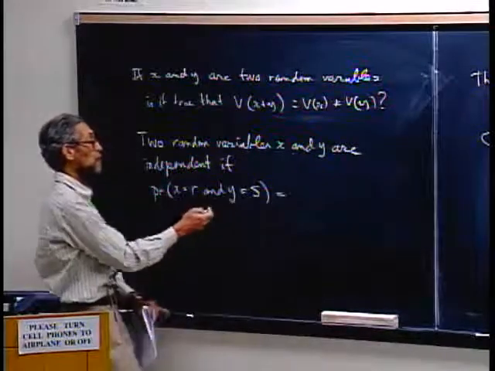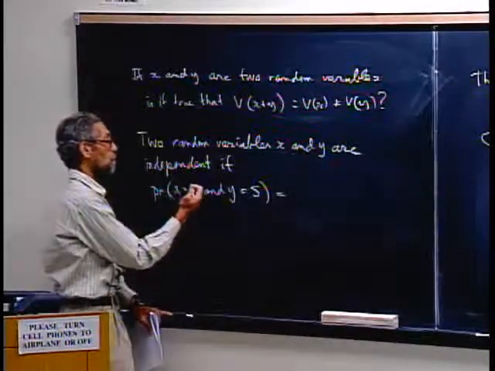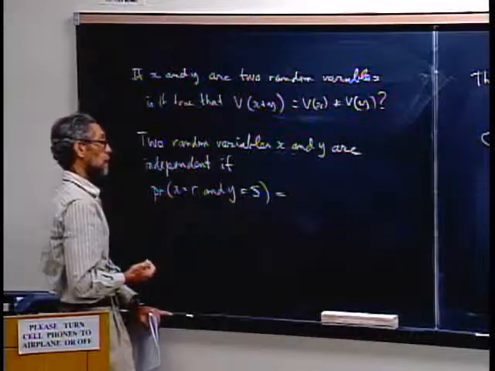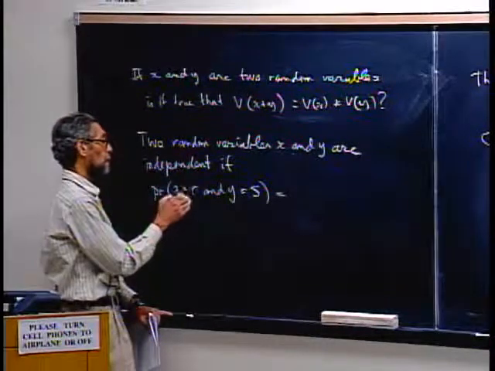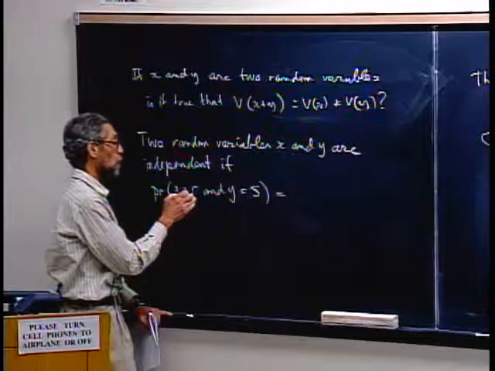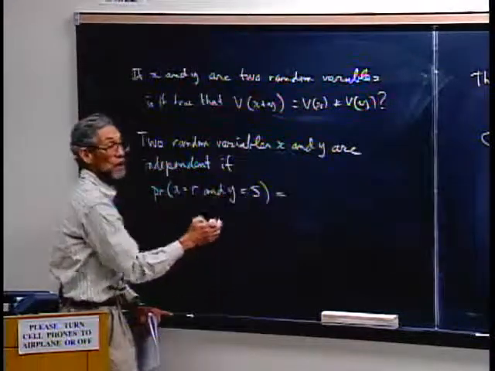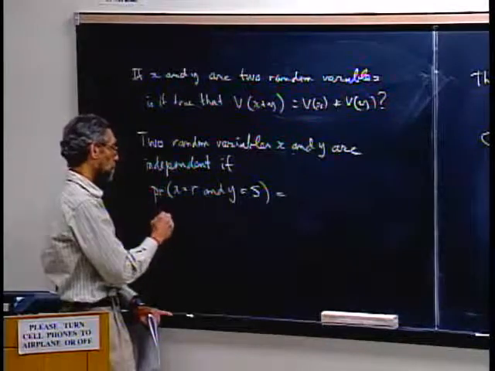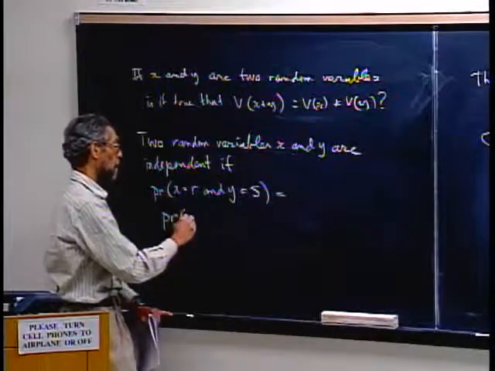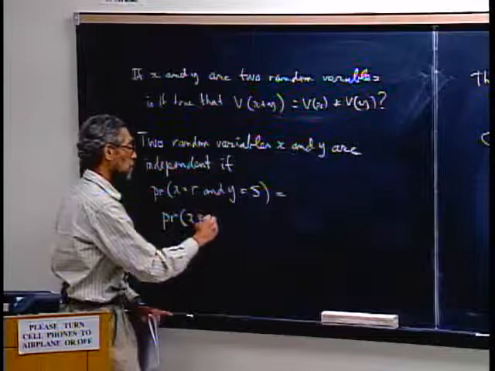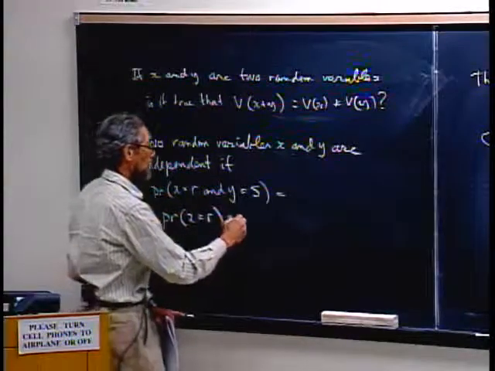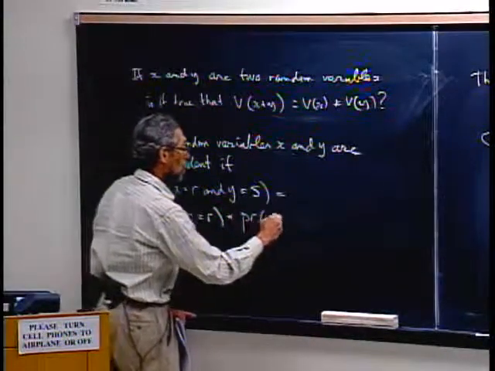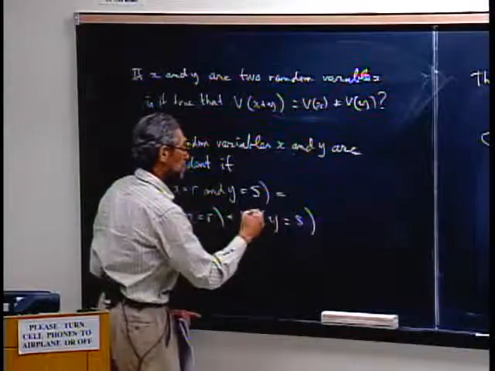And here's this particular event. I pick two numbers, and I say, what's the probability that this random variable x will come out to be that number, and the random variable y will come out to the other number? And that probability should be the same as the probability that x equals r multiplied by the probability that y equals s.